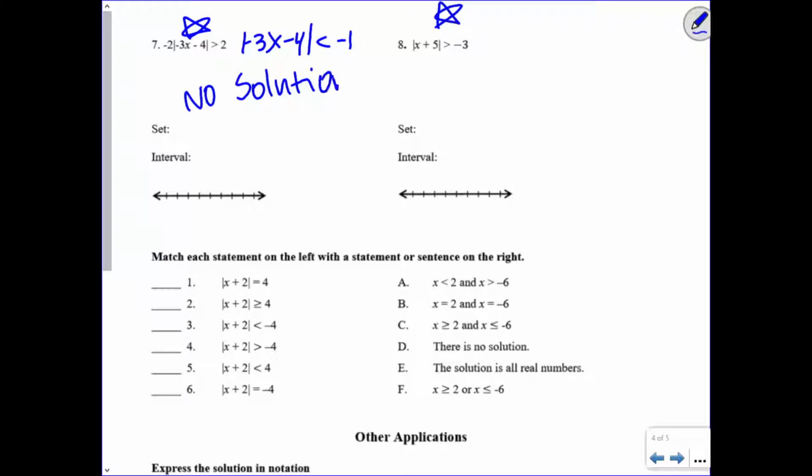So if you want to write in the margin somewhere, either here or back where we had the no solution for the other question, it will always be no solution if it's equal to a negative number or less than a negative number. Always no solution in those two situations. So whenever you guys simplify and you see that it's either less than a negative number or it's equal to a negative number, automatic no solution.